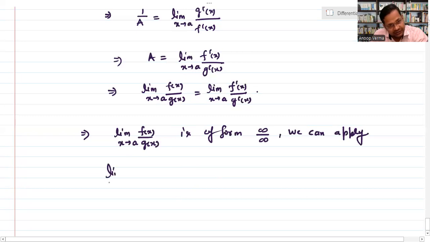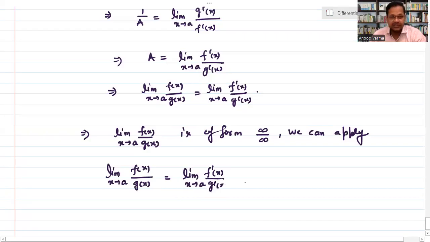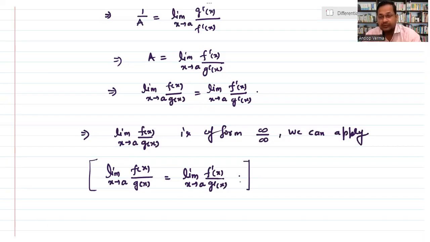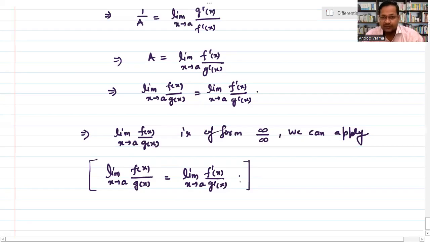Limit x tending to a of f(x) upon g(x) will be equal to the limit x tending to a of f dash x upon g dash x. Clear? So hope so. The L'Hospital rule was given for the 0 upon 0 form, and we can use it there. Furthermore, we proved that if the form is infinity upon infinity, then we can also apply the L'Hospital rule, the derivative rule, f dash x upon g dash x.